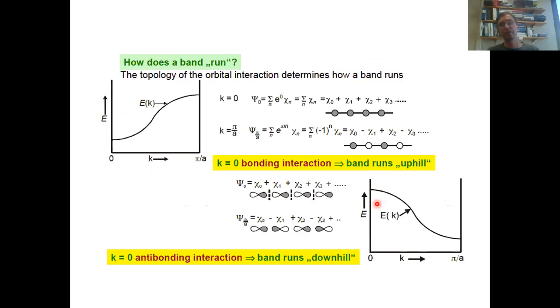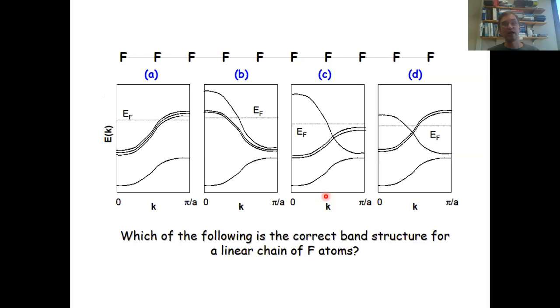What you saw in the previous case is an overlap of the p orbitals in sigma fashion. However, because the p orbitals have different orientations, only one of the 3 p orbitals can overlap in a sigma fashion. The other 2 have to overlap in a pi fashion. And when they overlap in a pi fashion, then again the band runs uphill.